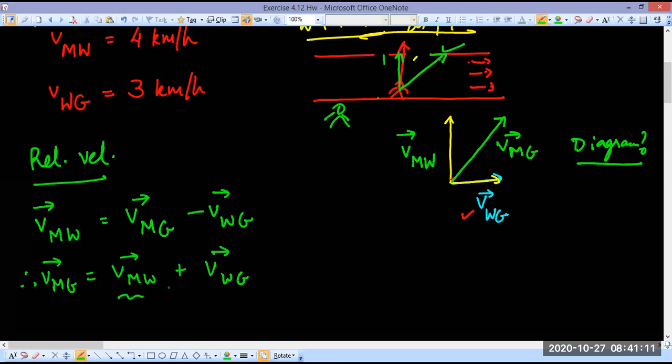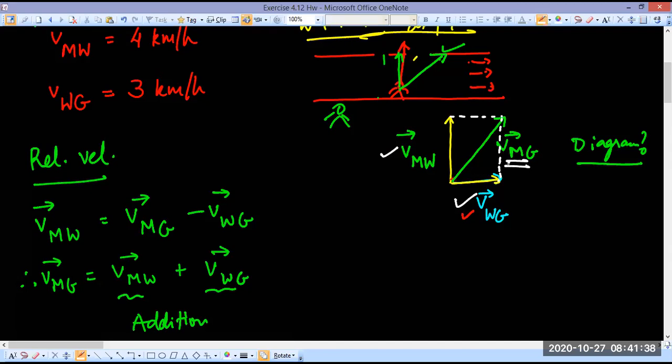So you can once again see that this is addition of vectors, and that's why once again we are seeing the parallelogram law come into action, isn't it? Addition of this and this is this resultant.